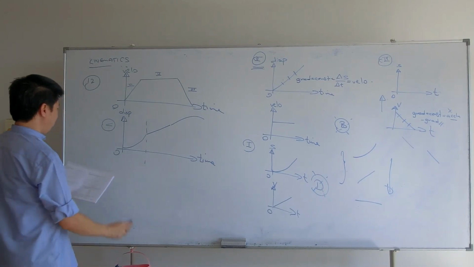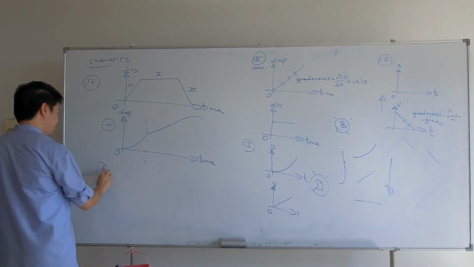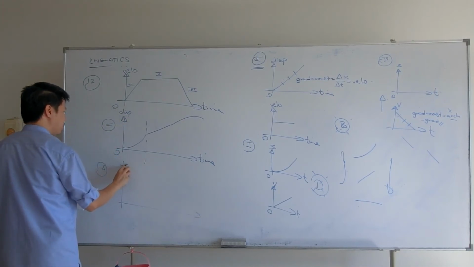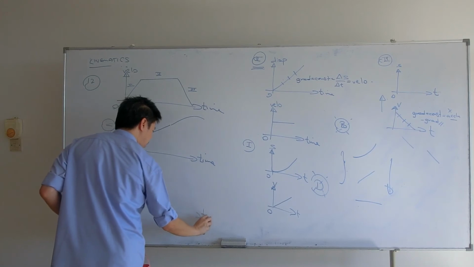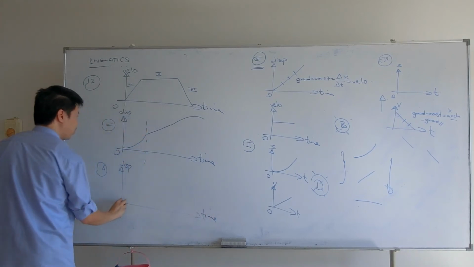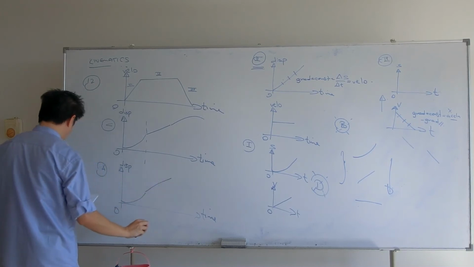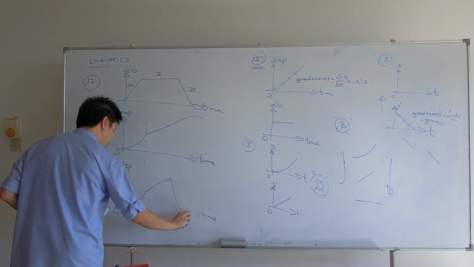The other graph, A, displacement time graph, it has the curve in front, you got the straight component. After that, it curves down.